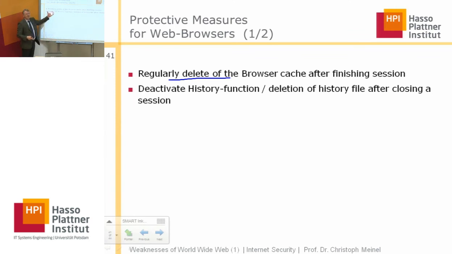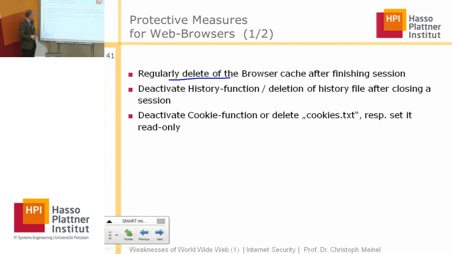So this depends on whether you decrease or limit the space, or whether you completely delete this. Then deactivate the cookie function or delete cookie.txt, and this is, I think, the most practical, because deactivating is also inconvenient for the users, but one can set it read-only.